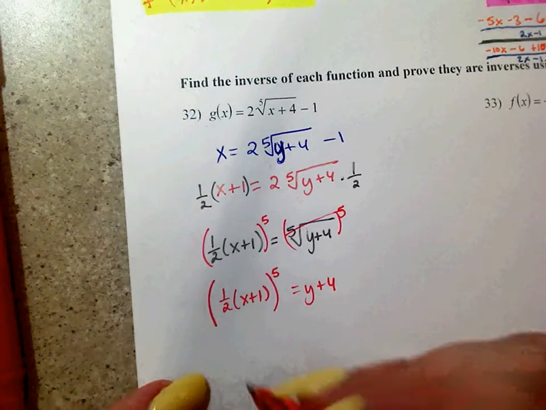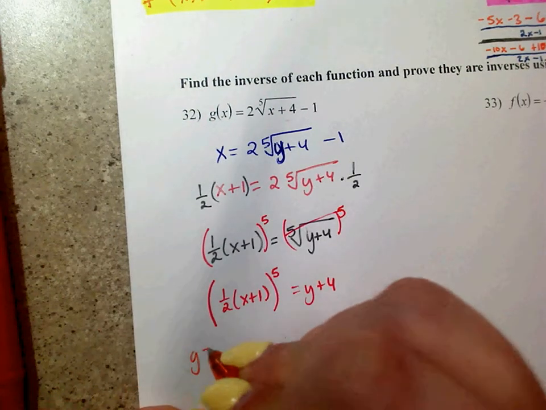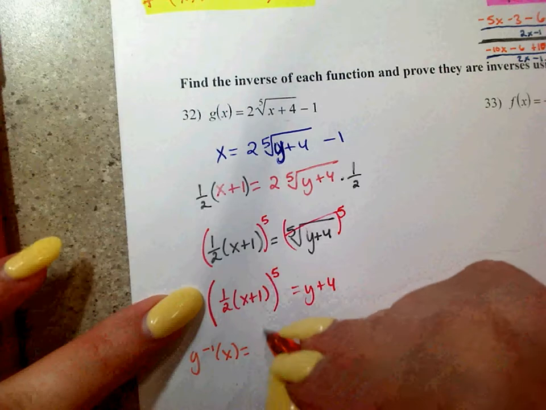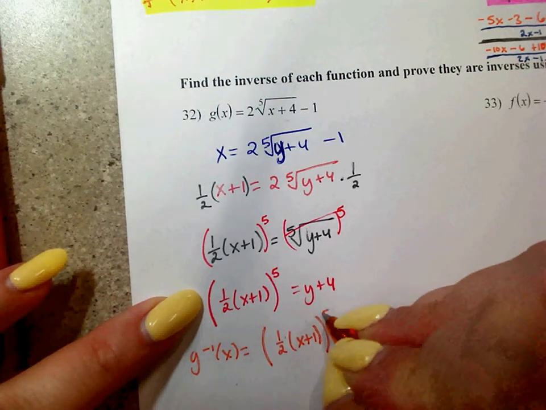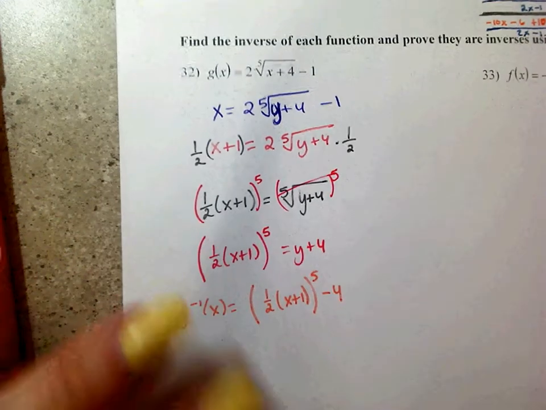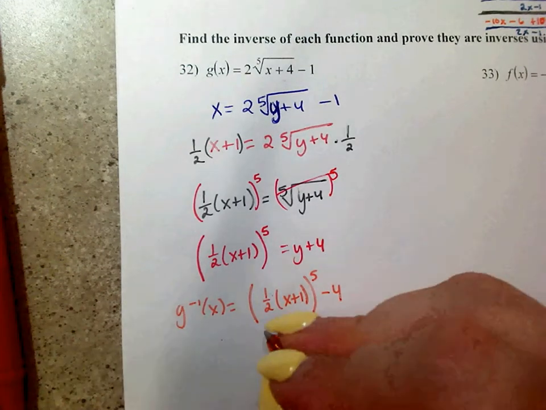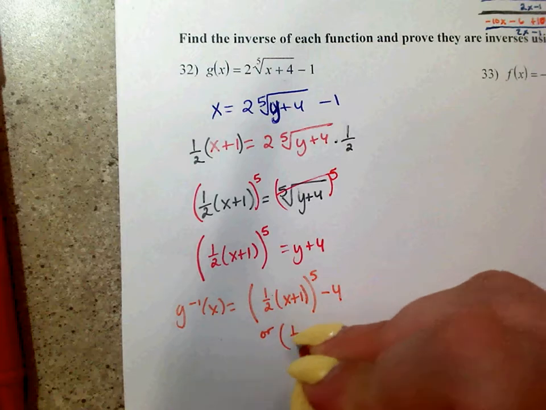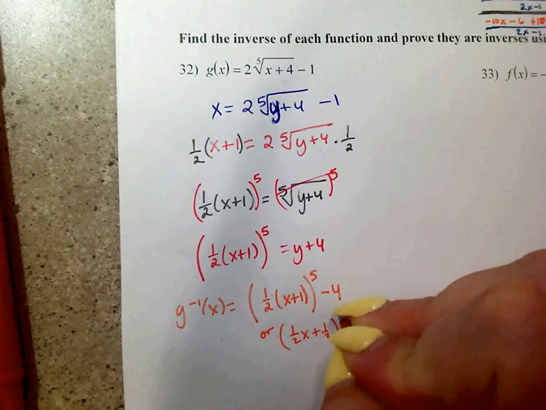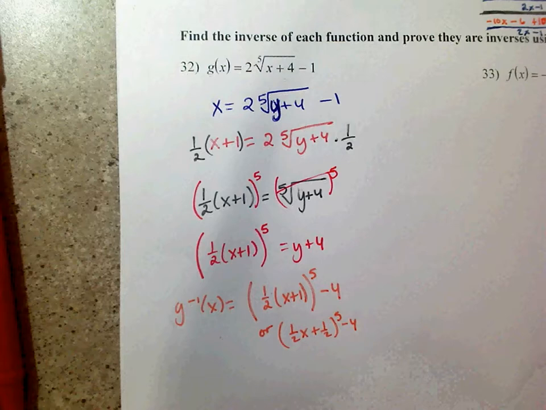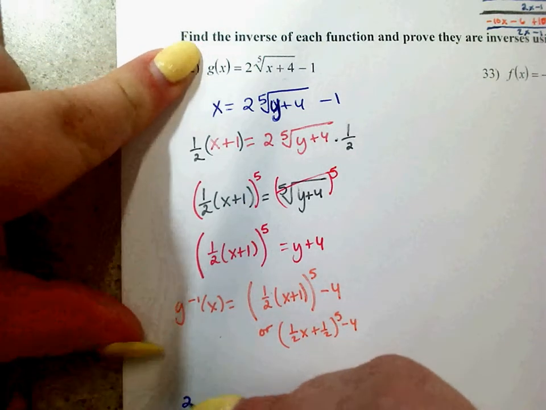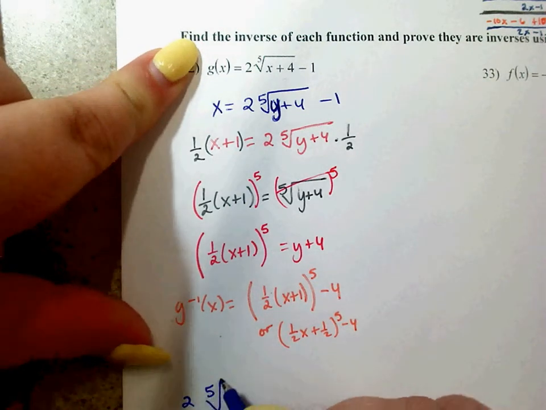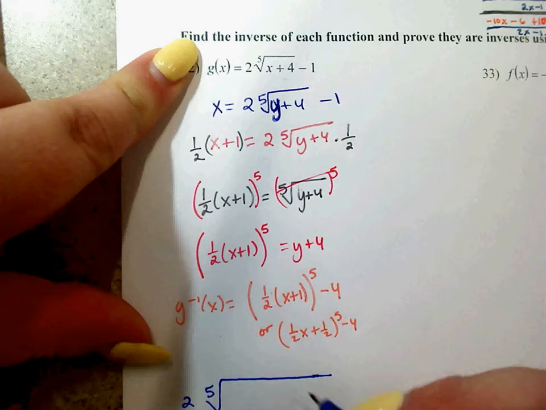So g inverse will equal all of that: 1/2 times the quantity x plus 1, all being raised to the 5th, minus 4. Okay? Alright, we're supposed to do composition to prove that they're inverses, so I'm going to take the original function, g of x, 2 times the 5th root of something plus 4, minus 1.